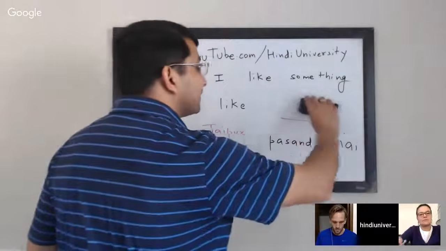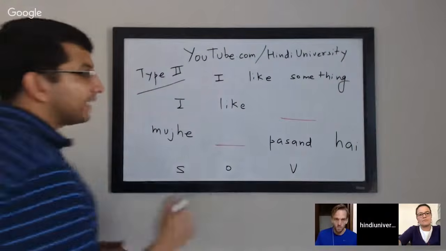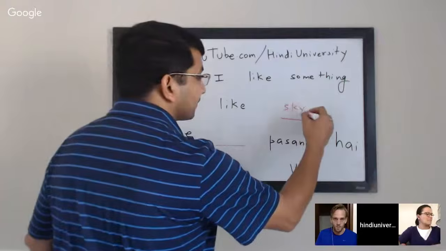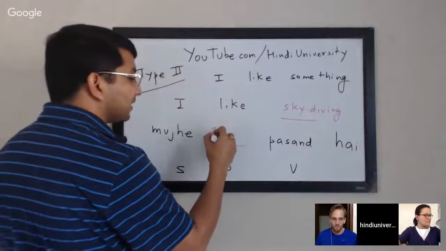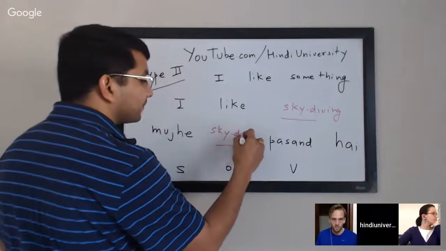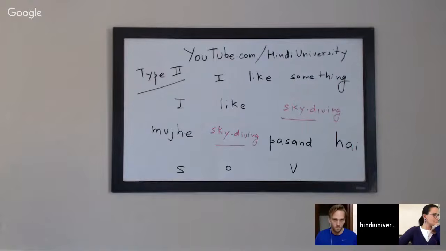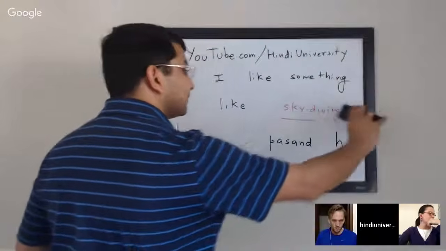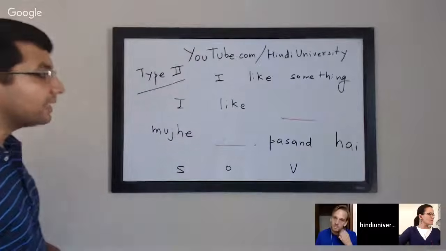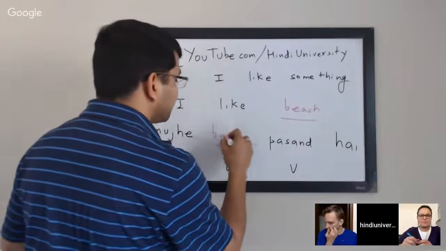If you like skydiving or skiing, you can say I like skydiving, मुझे skydiving पसंद है, and that's completely fine. You can even say about a particular destination. If you like beach, you can say मुझे beach पसंद है, and that will be completely fine.